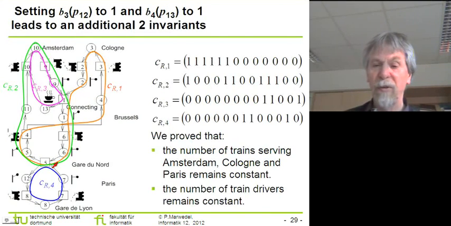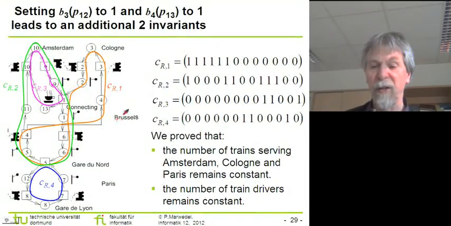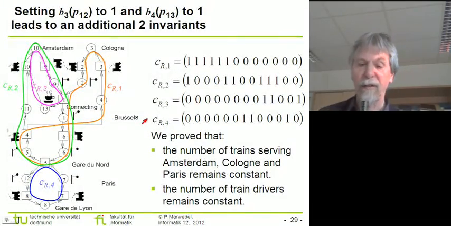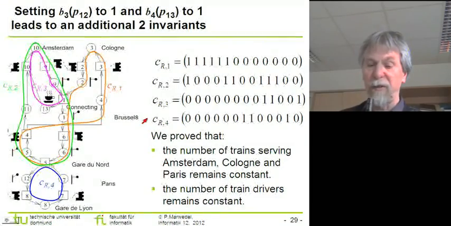Now, I don't want to do the same exercise for the other two basis vectors as well. I think you can either believe me or try to do these computations at home. This would be the third basis vector, or also the third characteristic vector, and that's the fourth basis vector, which immediately would be a characteristic vector.